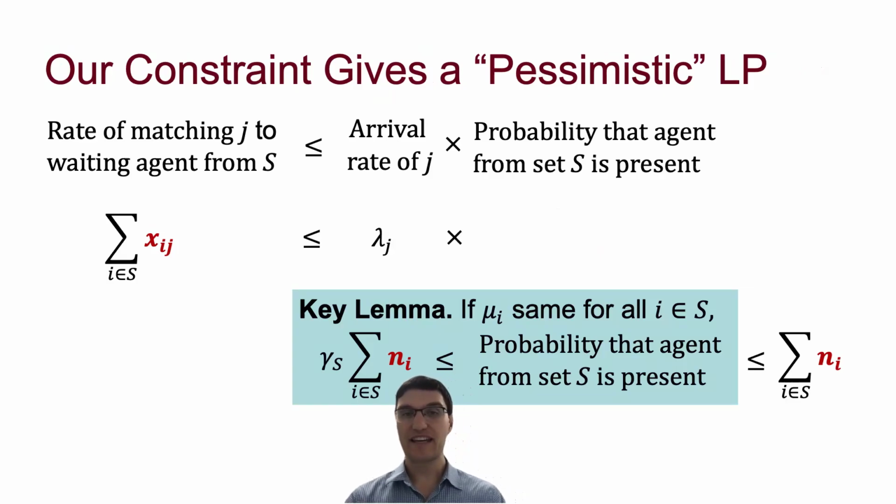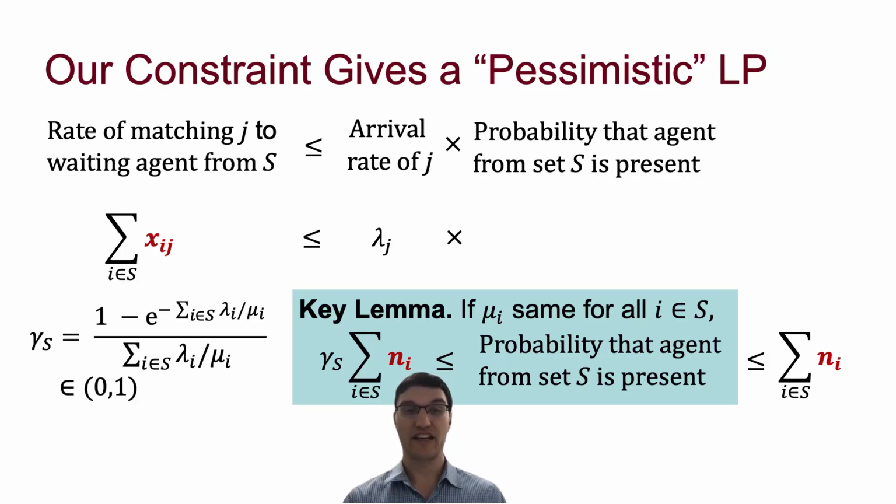Okay, so this key lemma says, at least under the condition that all the mu's in the set S are the same, so all the agents in set S have the same departure rate, then there's a corresponding counterpart to Markov's inequality, which says that the probability that an agent from set S is present is not only upper bounded by the sum of Ni's, but it's also lower bounded by that same sum times some constant gamma S. Now, gamma S is a number between 0 and 1, and it has an explicit functional form given here, in terms of the lambdas and the mu's, the primitives of the problem.